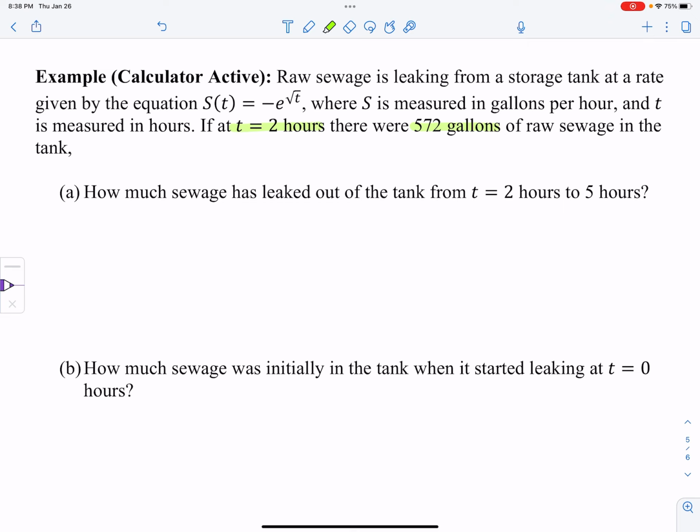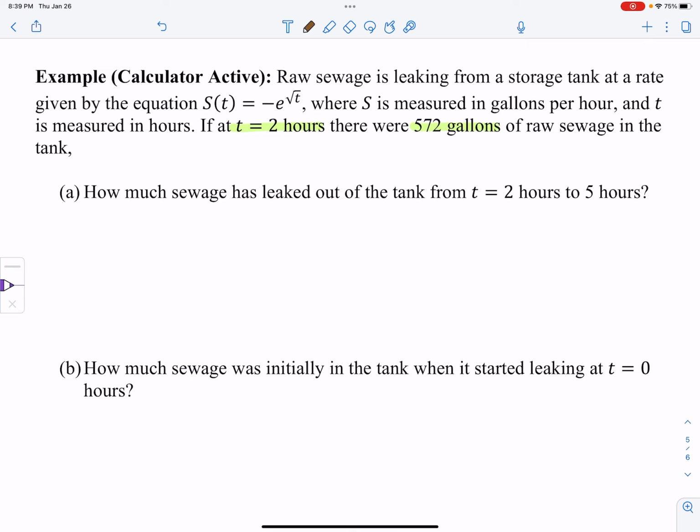Okay. How much sewage has leaked out of the tank from T equals 2 hours to 5 hours? Okay, so we want to know how much sewage has leaked out. All right.